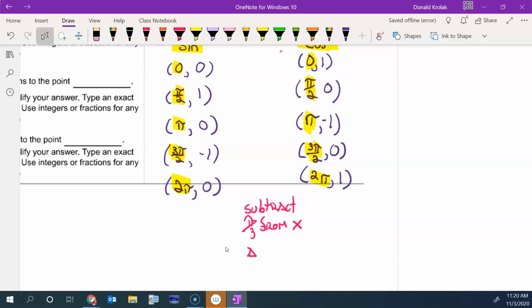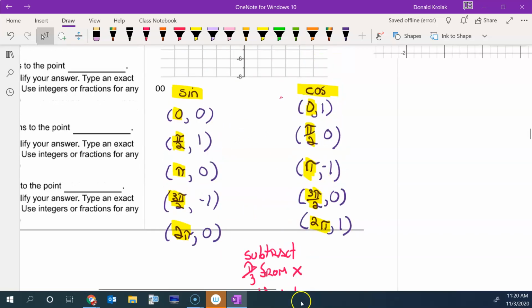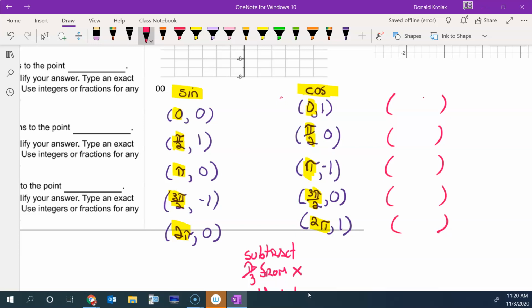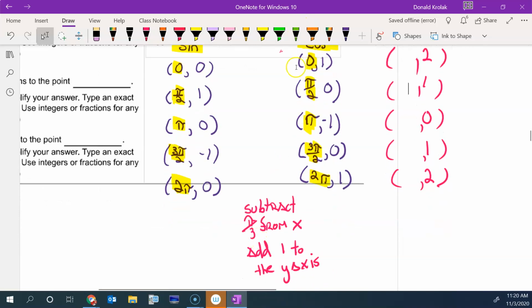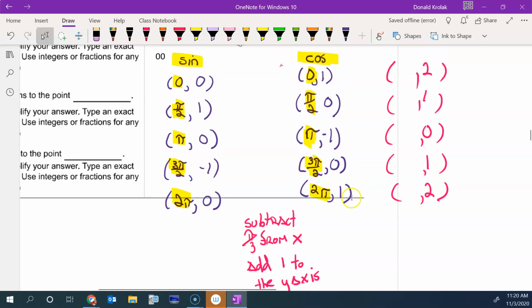And then I'm going to add 1 to the y's. Those are going to be my new points. These are my y coordinates. And now I got to subtract pi over 2 from all these, or pi over 3.